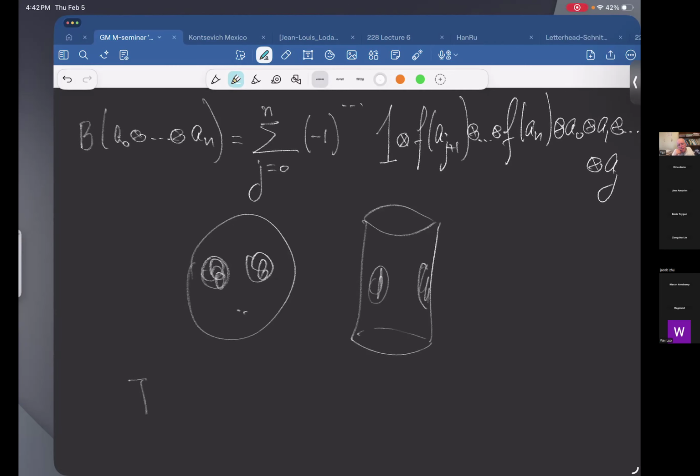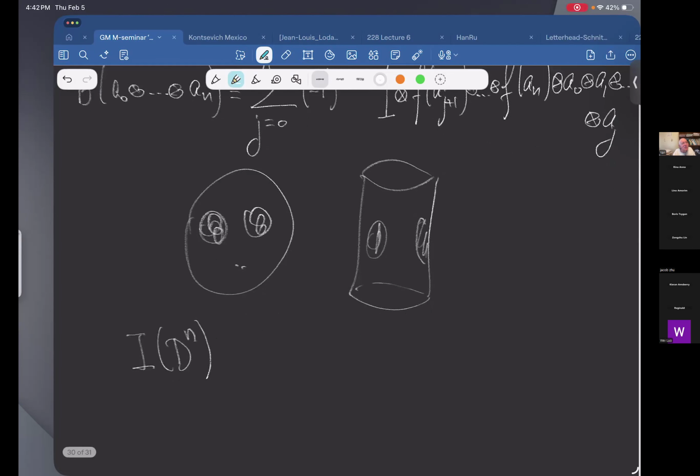You have a bunch of operations which come from, for example, the periodic cyclic complex, coming from the action of the operad.